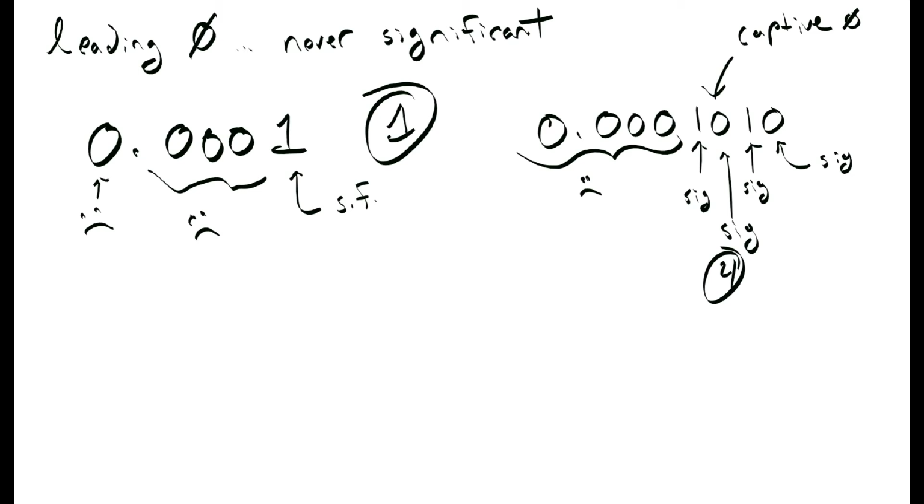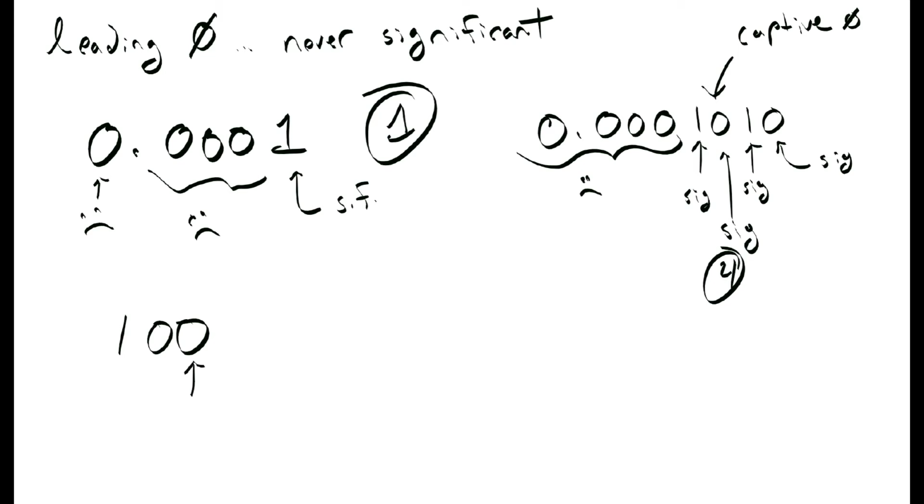Now, we come to an oddity. What if you want to indicate that a trailing 0 is significant if it comes before the decimal place? So, say you have 100. You need to indicate that this 0 right here is significant.